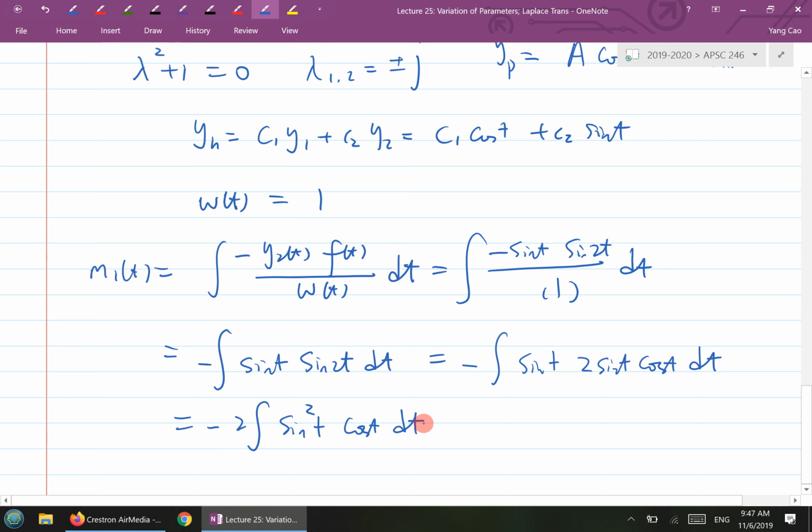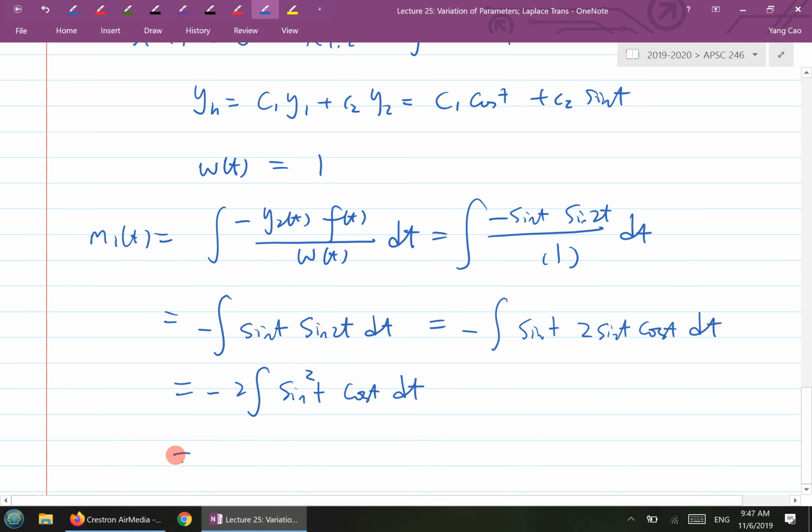Again, you can use the substitution technique. If I do it my way, I will have d sine t here, because d sine t is the same as cosine t dt, and then u squared. So you get negative 2 over 3 sine t to the power of 3. So that's your M1.